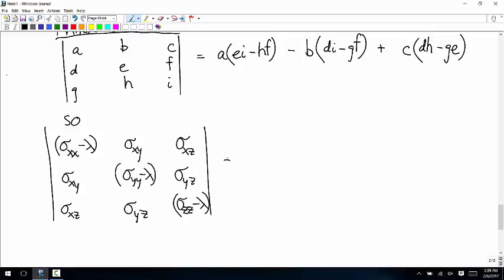That determinant is equal to quantity sigma xx minus lambda times the quantity sigma yy minus lambda times sigma zz minus lambda minus sigma yz squared.